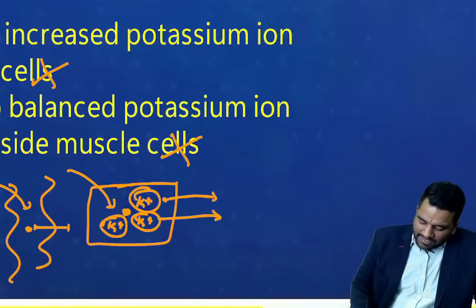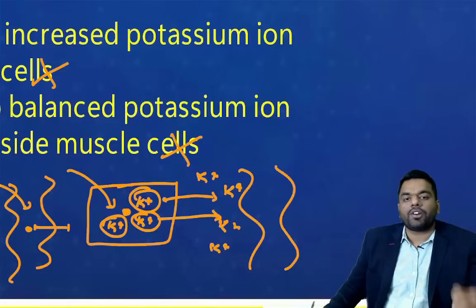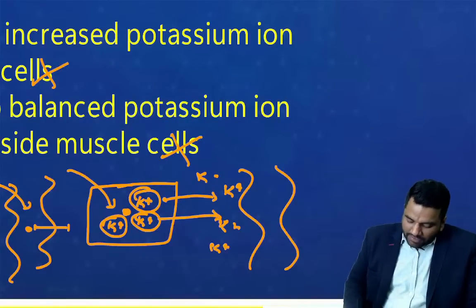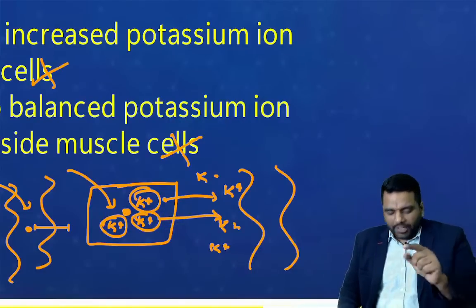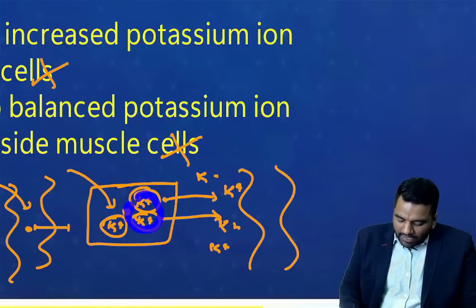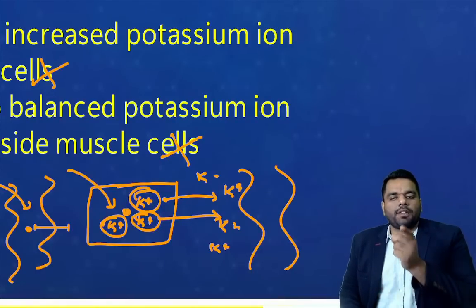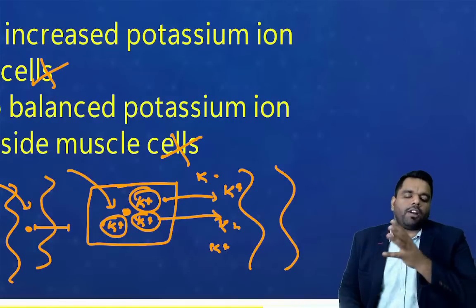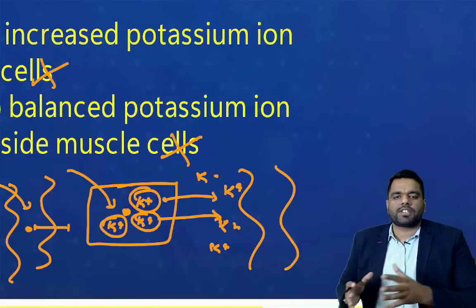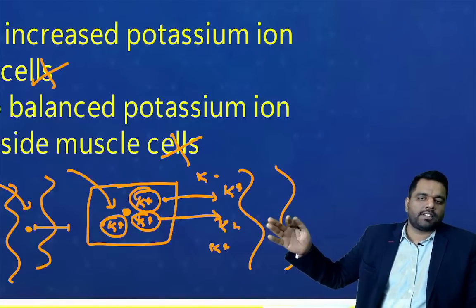But as we are saying, outside the potassium is already high, because this potassium was moving to the outside due to the concentration gradient. We know that ions always move from the higher side to the lower side, and initially potassium was present mainly inside. So now when the cell wants to repolarize or become negative, the potassium starts moving outside, but inside is already high and outside is now high.